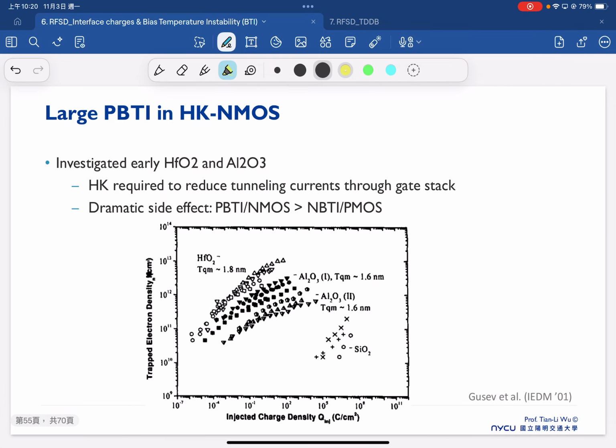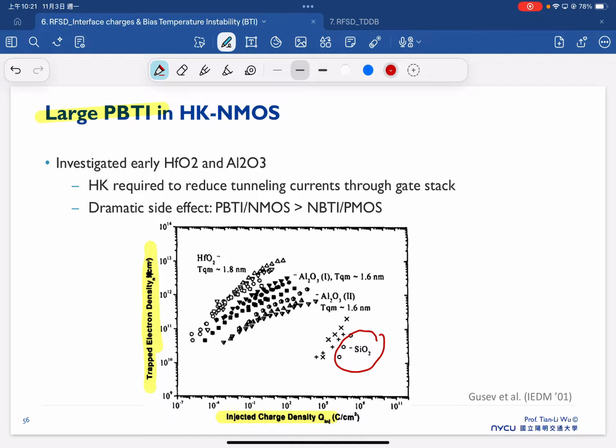And later, when we started to move to high K metal gate, we started to see that the situation is getting worse. There's a large BTI in the high K NMOSFET. This is a case with the y-axis as trapped electron density, and the x-axis is how much charge you are injecting. The bottom one here is silicon dioxide.